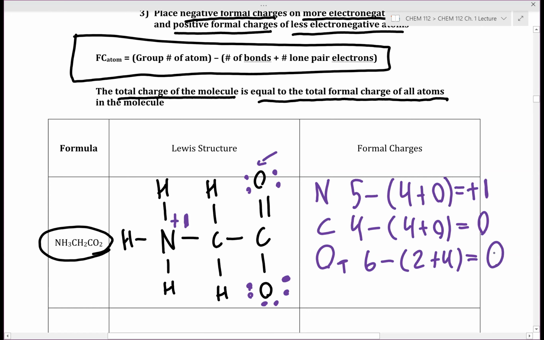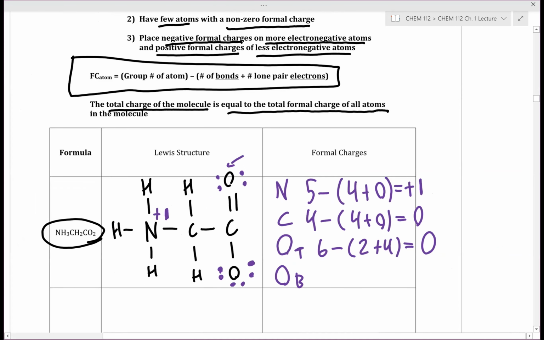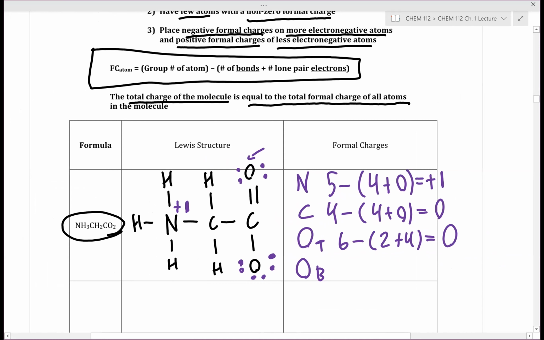Okay. Now, implicitly, what do we know about this structure? Is there a negative formal charge somewhere in this molecule? Yes, and the way that we know, we have a positive formal charge and we have a neutral molecule, right? So there must be a corresponding negative formal charge somewhere in this molecule. So let's look at the bottom oxygen. Oxygen's group number again is 6.